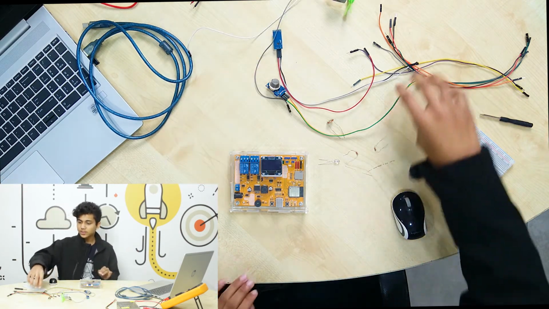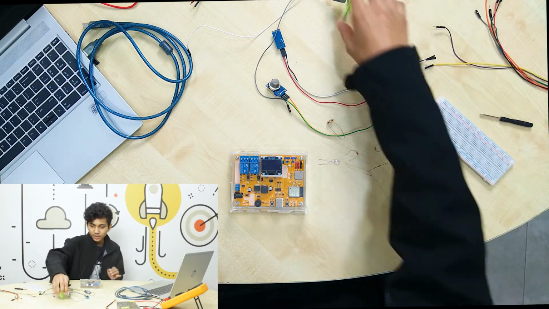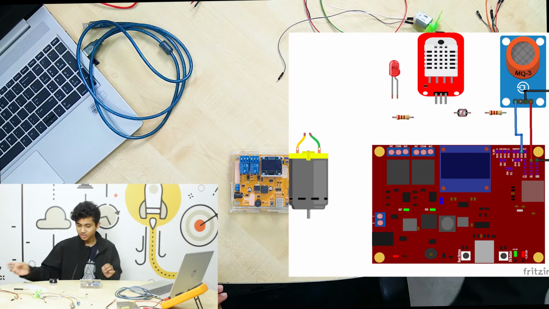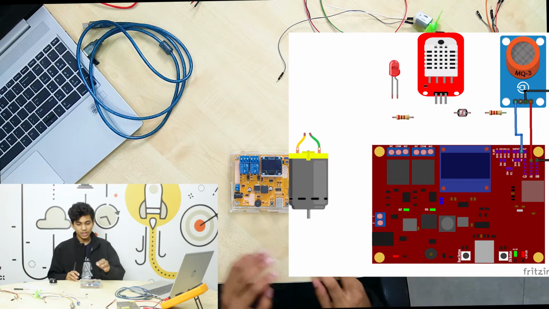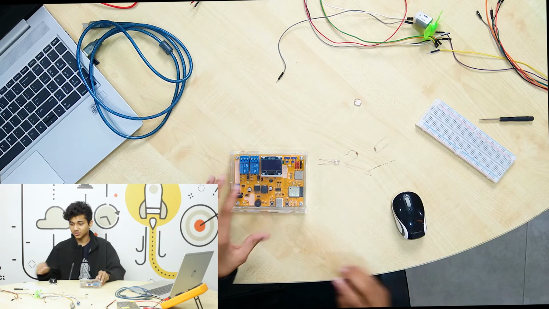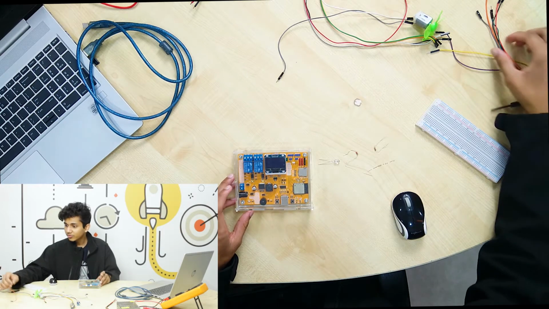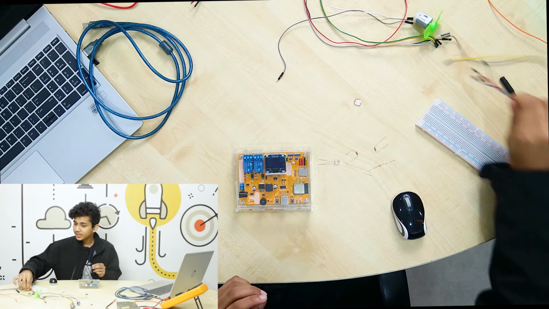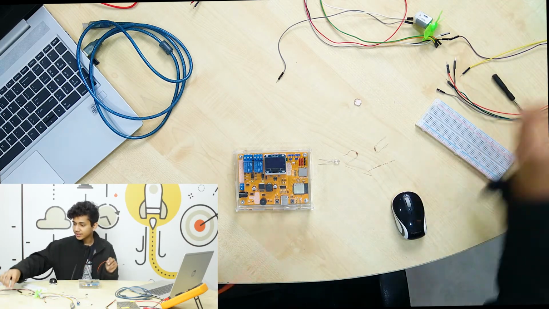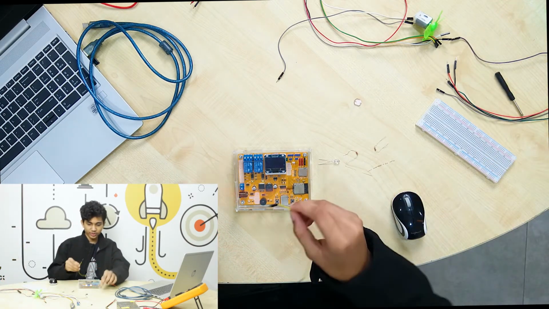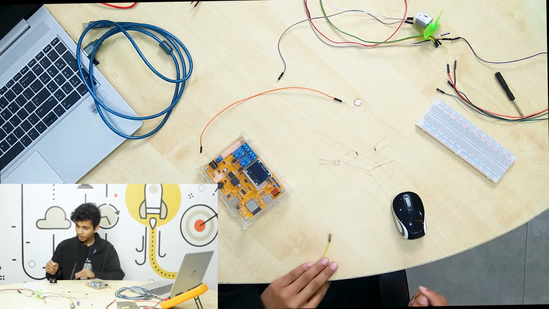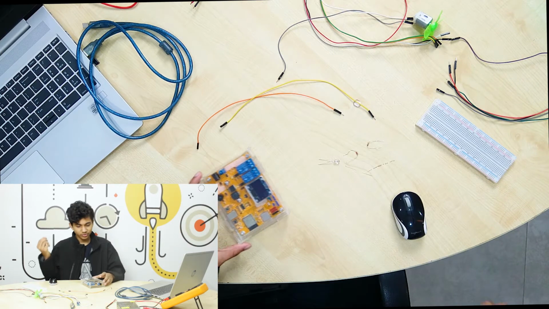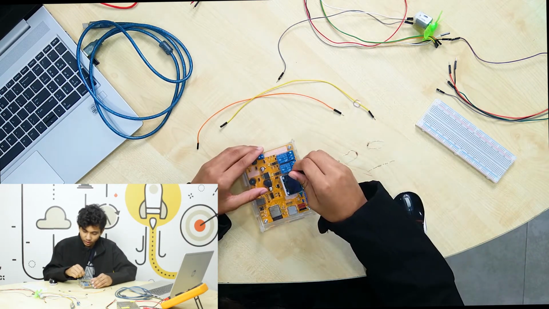Alright, so let's connect it using our jumpers. It's a pretty long thing, so let's do the easiest task first. We're obviously going to use both of these relays, so let's connect the common pins of the relays. Let's take this male to female, male to female.